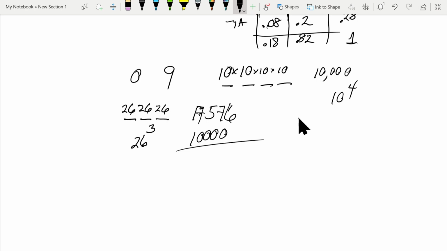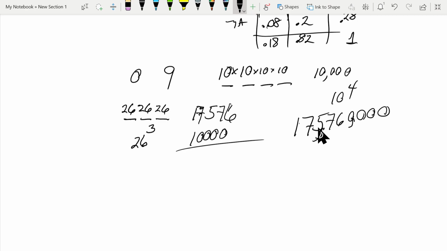So we've got 175,760,000, and there's 9 million cars. So we got enough.